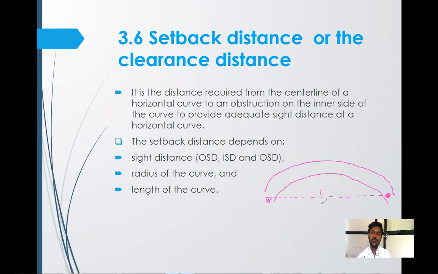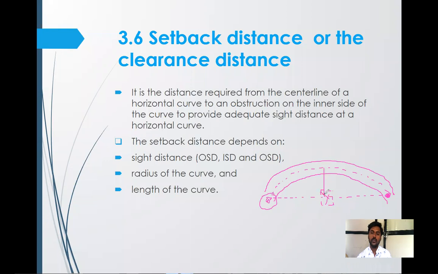Suppose if there is any building or any construction here, this construction will block the sight distance of the vehicle that is passing from here. So for that reason we have to maintain the distance, and this distance is taken from the center line of the road.